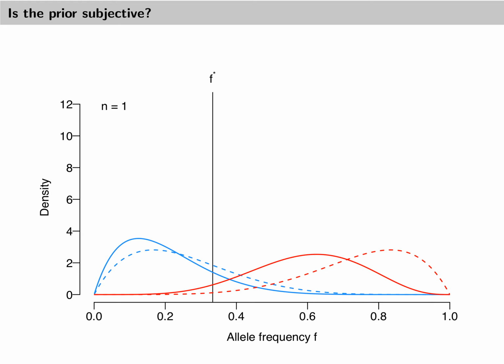The largest shift from prior to posterior is obtained in the red case, in which the prior distribution is actually rather misspecified. It's a case in which the prior distribution suggests that the allele frequency must be very high. However, that seems not so compatible with the data. However, an allele frequency above, say, 0.8 cannot be ruled out if you only observe a single genotype.